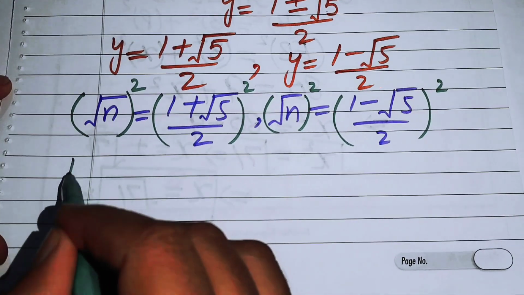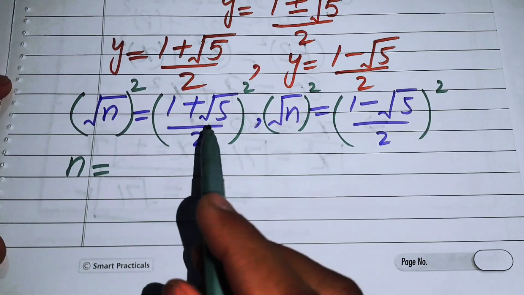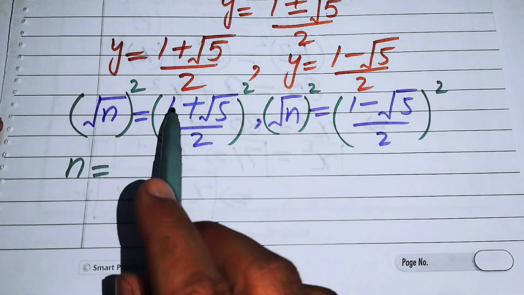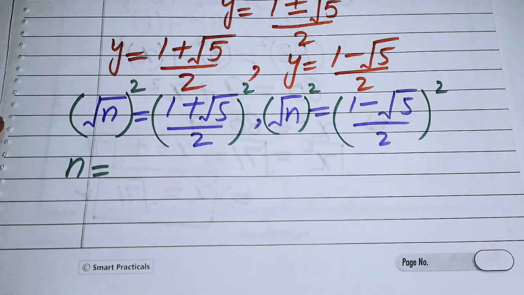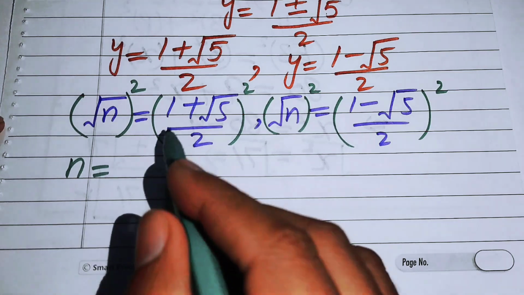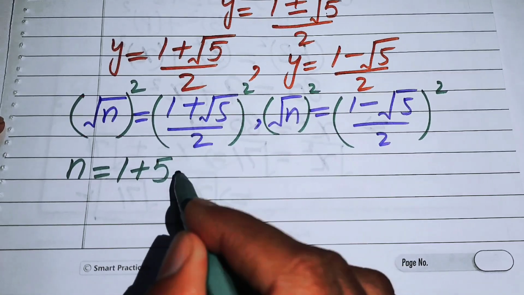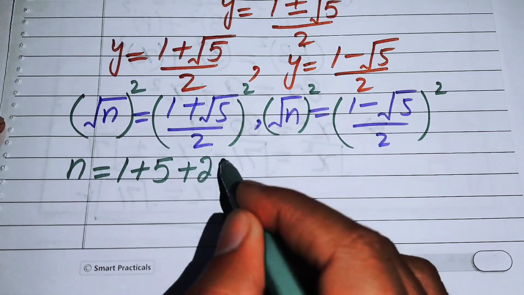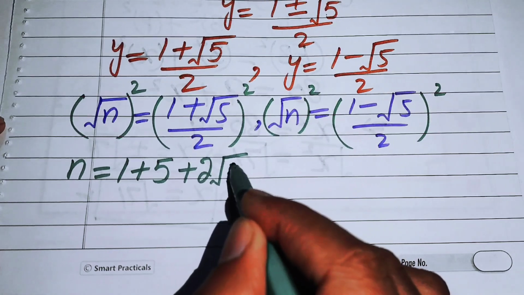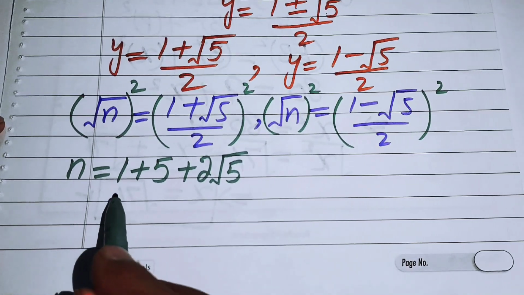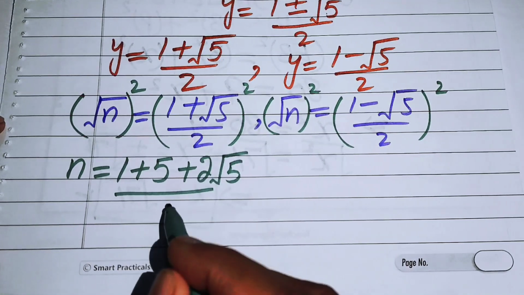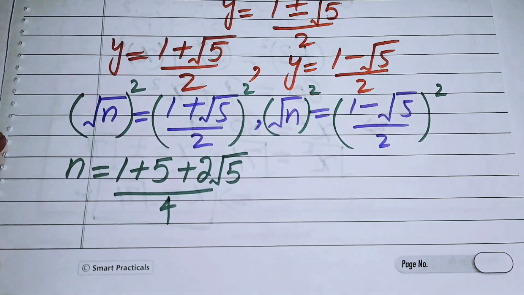In the left hand side you have n equals, and in the right hand side you open the square of the upper term and you use the very well known formula, a squared plus b squared plus 2ab, and this whole over the square of 2, which is 4.